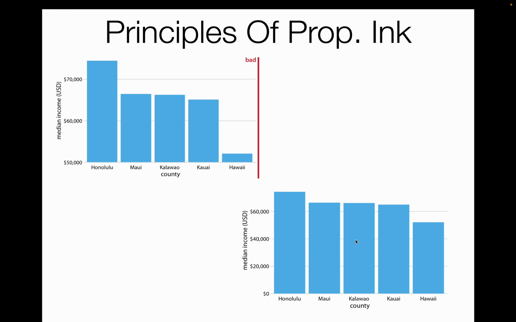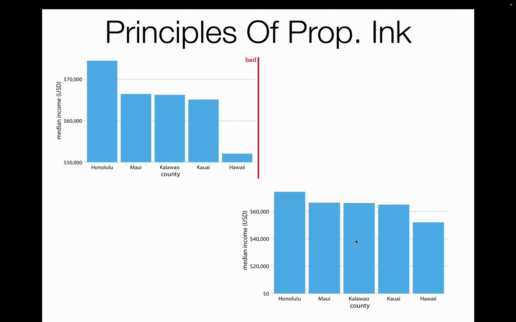But in general, it doesn't follow the principle of proportional ink, and what happens is that it overshows the difference. If you look at the top left plot, compare Hawaii's very small bar to Honolulu's huge bar.